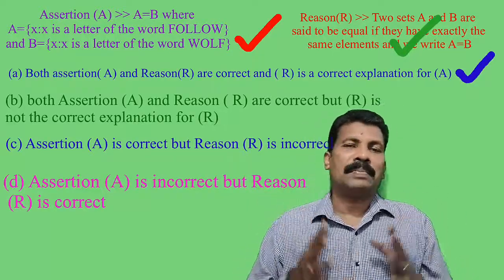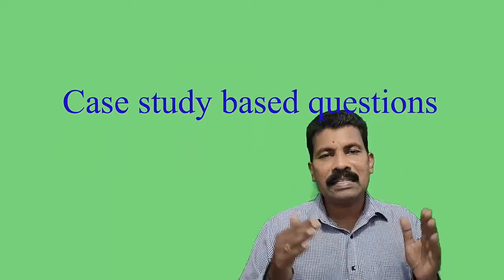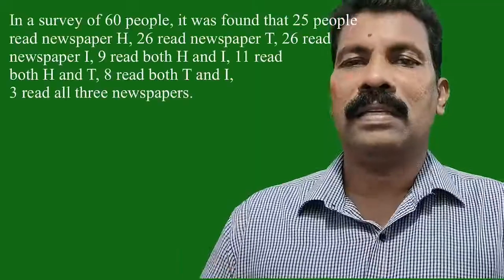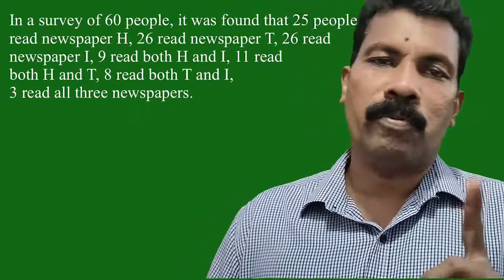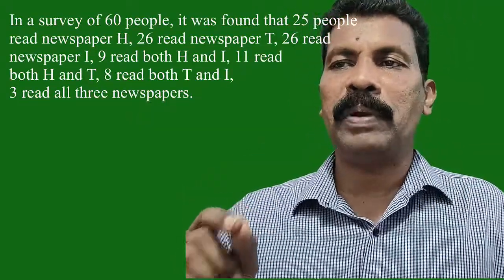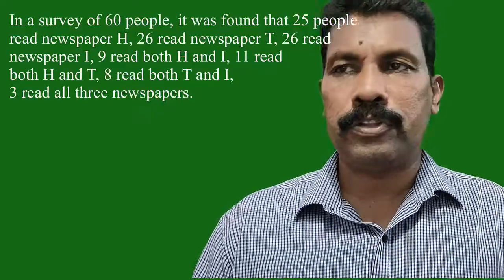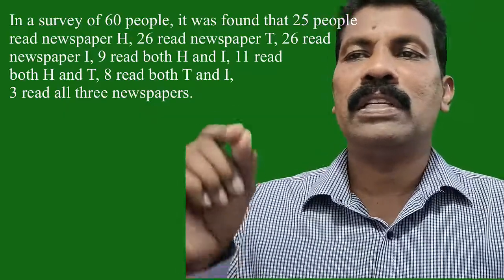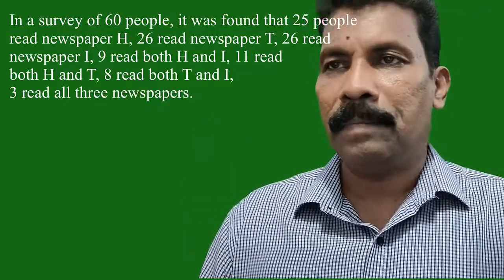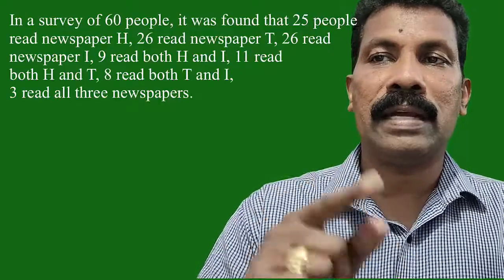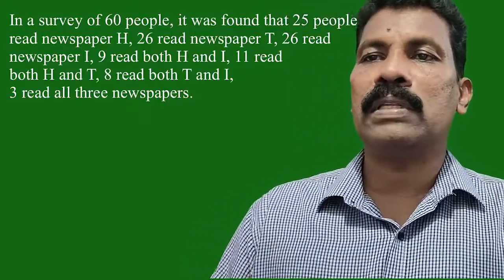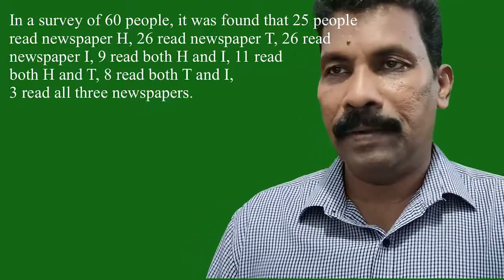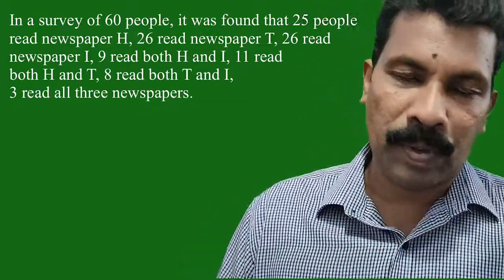Now another type of question is what is called case study based question. Here one situation will be given. In a survey of 60 people, it was found that 25 people read newspaper H, 26 read newspaper T, 26 read newspaper I, 9 read both H and I, 11 read both H and T, 8 read both T and I, 3 read all 3 newspapers.